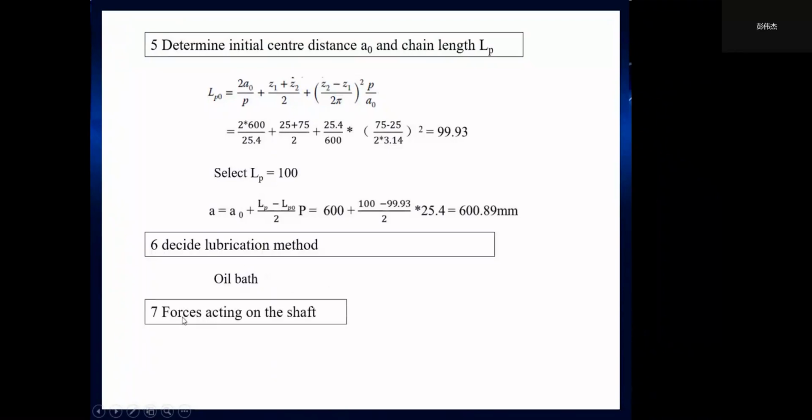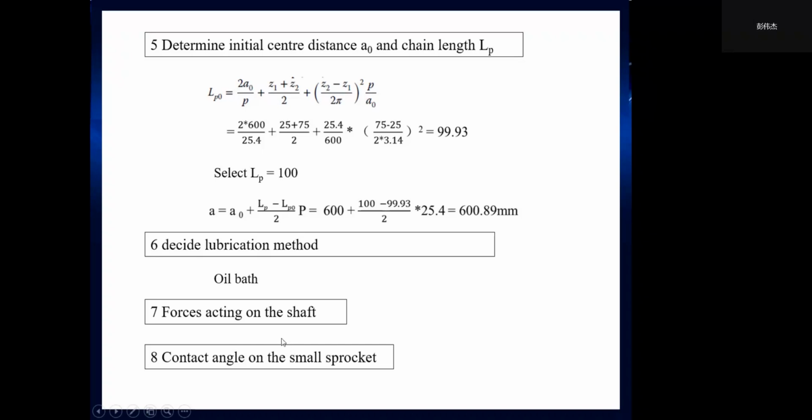Then we calculate the forces acting on the shaft and determine the contact angle on the small sprocket. We can also use a formula to calculate. Okay, so this is for example 1.